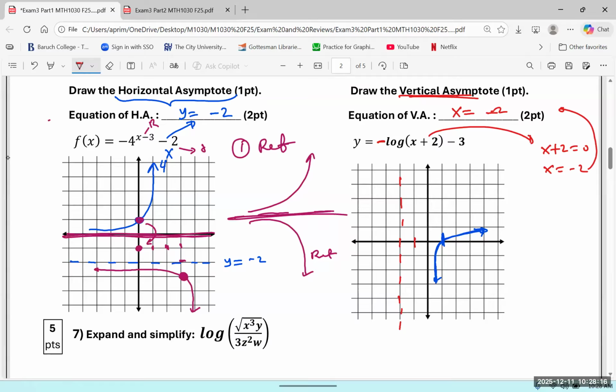And then you start doing reflection. Now we still have a negative in front of the function. So we still have our x-axis as our mirror. So if you reflect x equals 1, it doesn't go anywhere because it's not above the x-axis, it's on the x-axis.